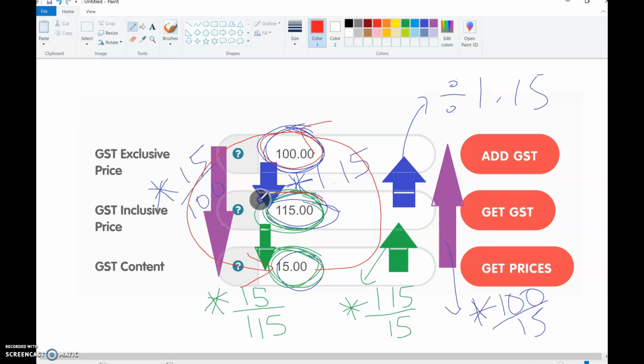So if we've got a GST inclusive, so it already has GST, to find out the GST exclusive, we need to divide by 1.15, and to go from GST exclusive to inclusive, we times by 1.15.